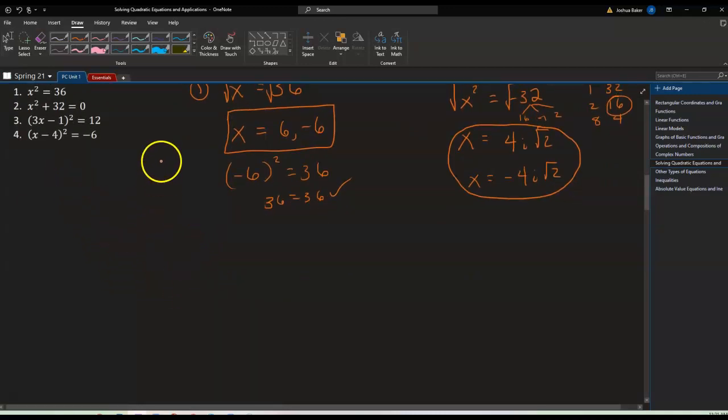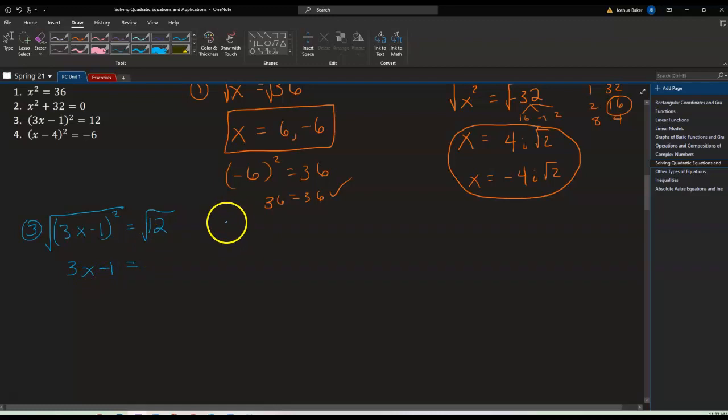Now let's look at number 3. On number 3, I've got a quantity that is squared equal to another value. My squared thing is by itself here, so I can go ahead and take the square root of both sides. The square root of the quantity 3x minus 1 squared is just 3x minus 1.